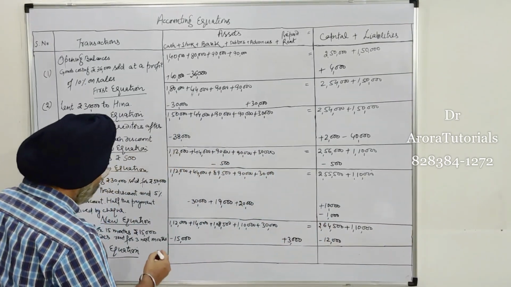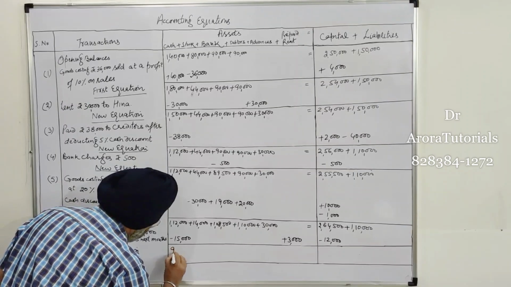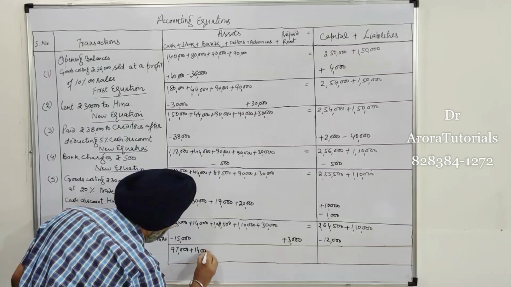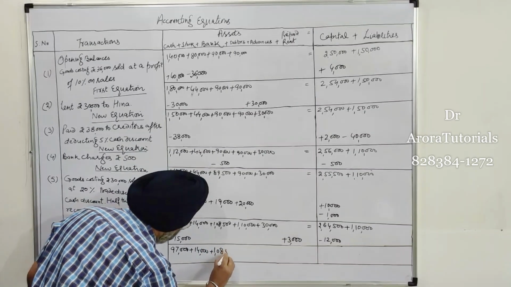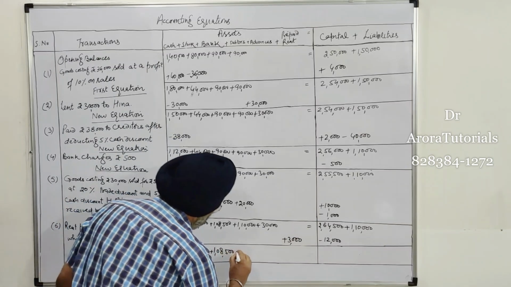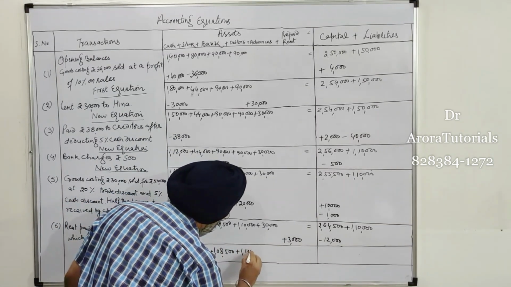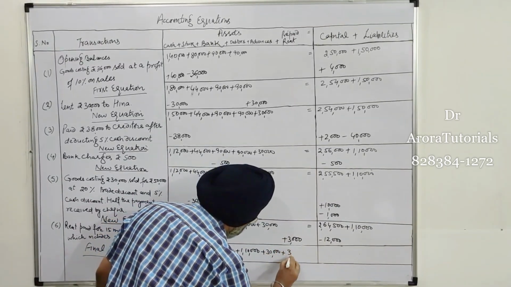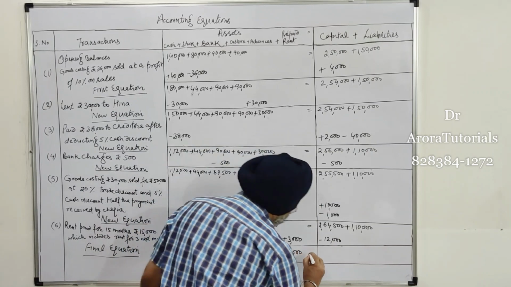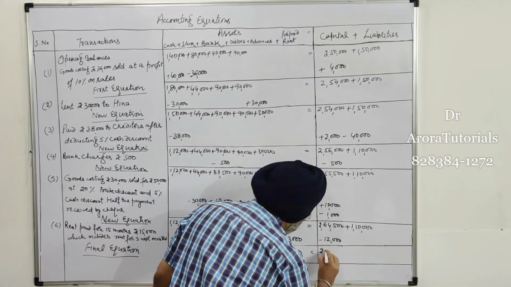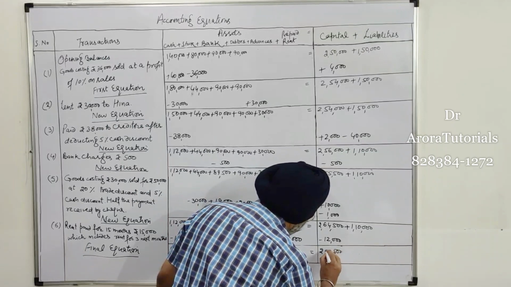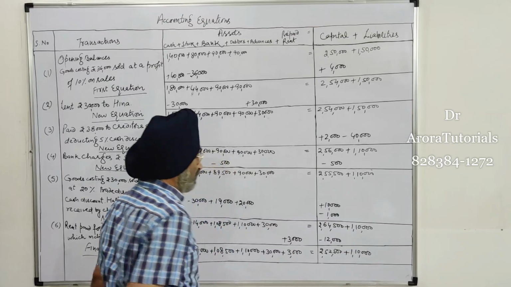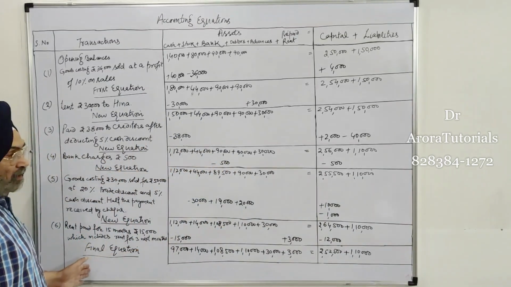So our equation will be 97,000 cash, 14,000 stock, 1,08,500 as the bank balance, and 1,10,000 as our debtors, 30,000 as advances, 3,000 as our prepaid rent, 2,52,500 will be our capital, and 1,10,000 will be our liability. So this is our final equation.